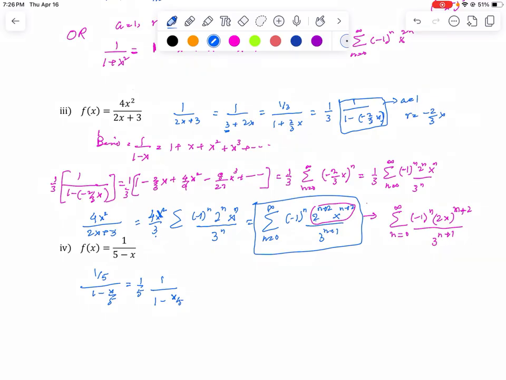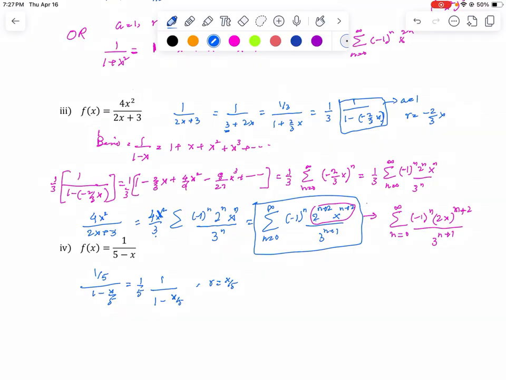You notice here r is x over 5. So to find the power series expansion for f of x equals 1 over 5 minus x, we just replace the x in our basic series by x over 5.